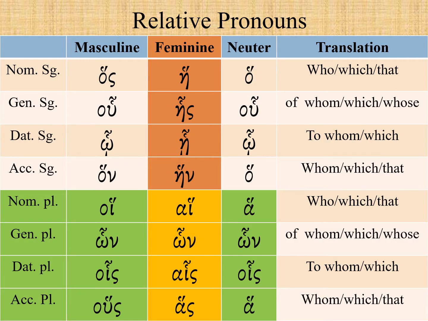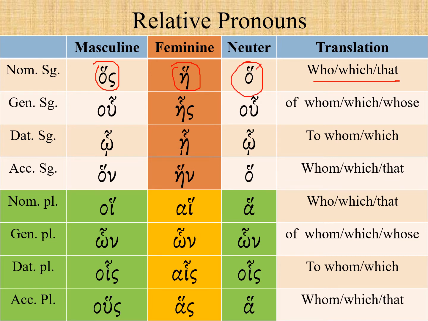So here's a chart of Greek relative pronouns. The Greek relative pronouns function in the same way as the English ones, except that they have case, number, and gender. So we have here hos, who, which, or that, and he in the feminine and ho in neuter.